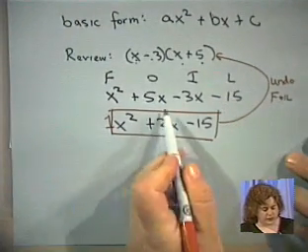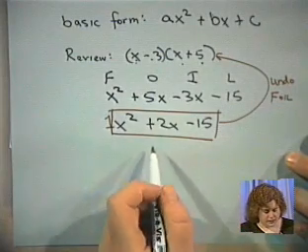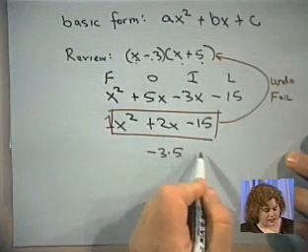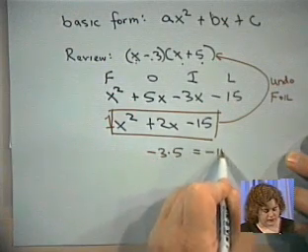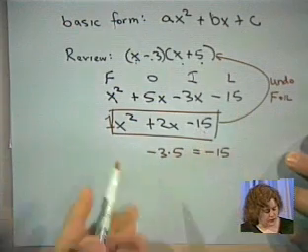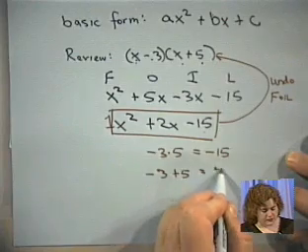If we look at what we ended up with here, you'll notice that the negative 3 times the 5 gave us a negative 15. And if we took negative 3 plus 5, that would give us a positive 2.